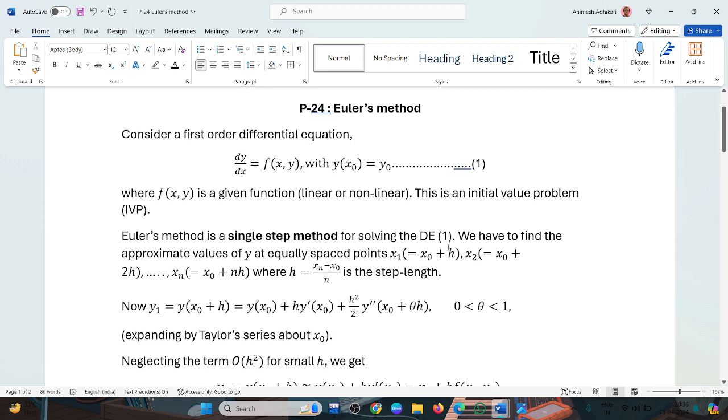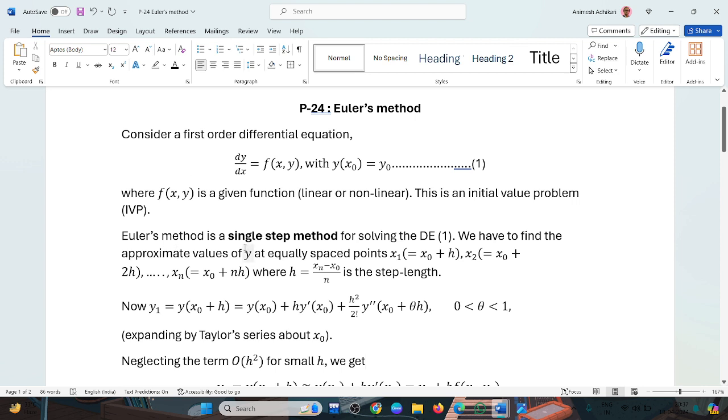Now consider a first order differential equation dy/dx equal to f(x,y). So f(x,y) represents the slope at this point (x,y) with the initial condition y(x0) equal to y0, where f(x,y) is a given function, either linear or non-linear, and this is an initial value problem.